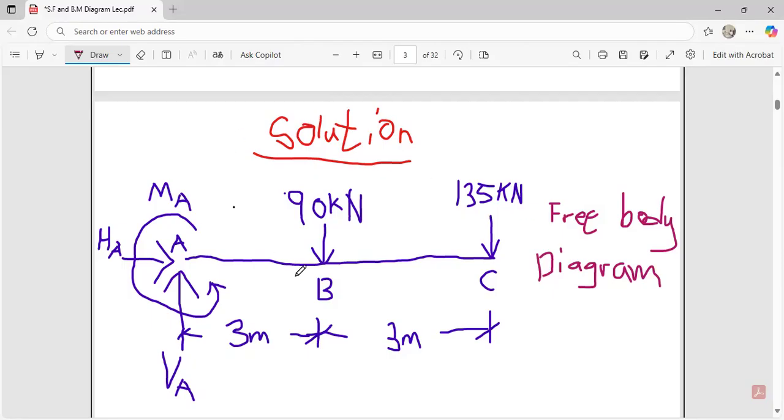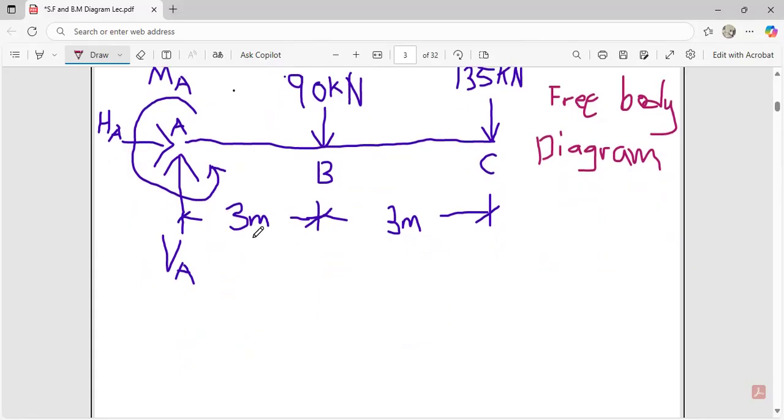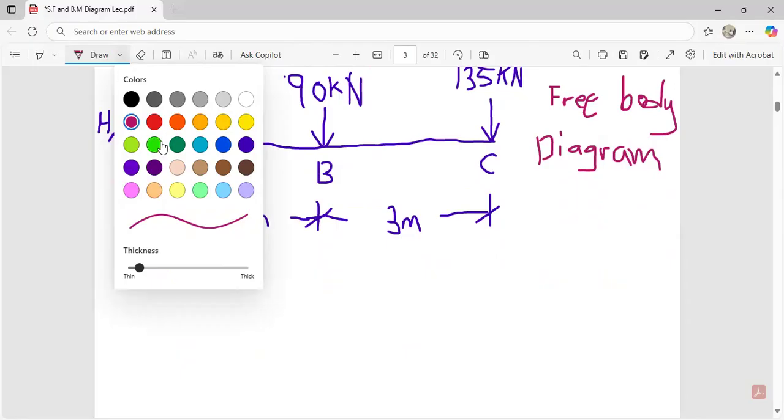In taking moment at A, we have to be able to write that down. Before we even proceed, I'm going to be writing that.